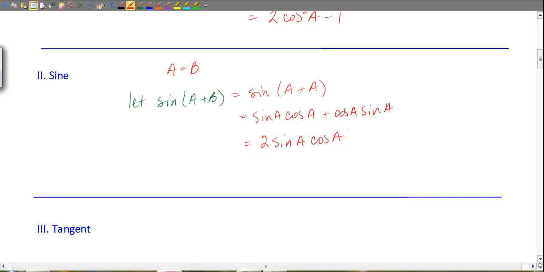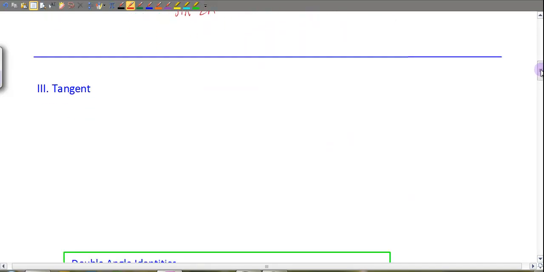So sine is a little bit easier. We can see that the double angle for sine is pretty fast. It comes out like this. Let's do one more with tangent. You'll see what I'm talking about.